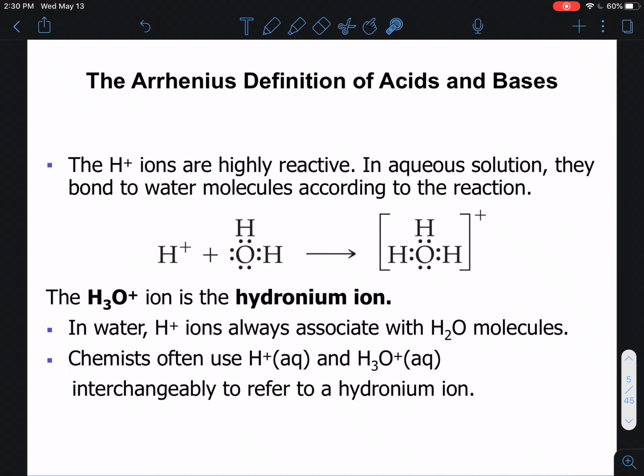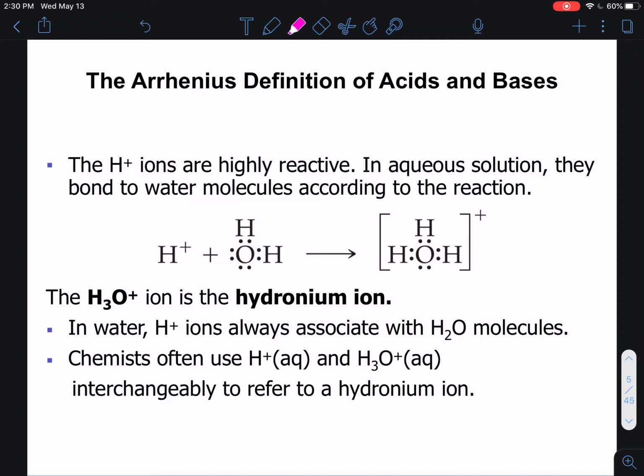This is because these H plus ions are highly reactive, so they bond to water molecules. Specifically, they're attracted to the slight negative charge on oxygen. There are no electrons associated with this proton, so even though oxygen has a full octet, it can take this full plus charge, which is attracted to the slight negative charge on oxygen, and it forms H3O plus.